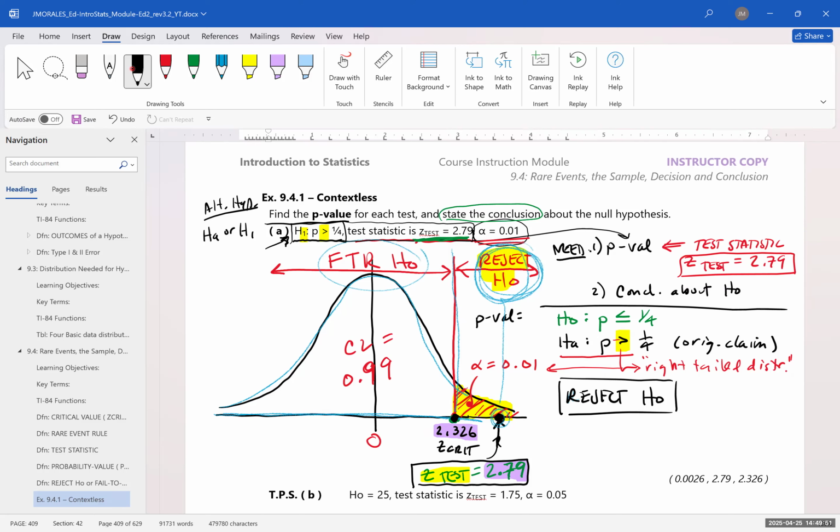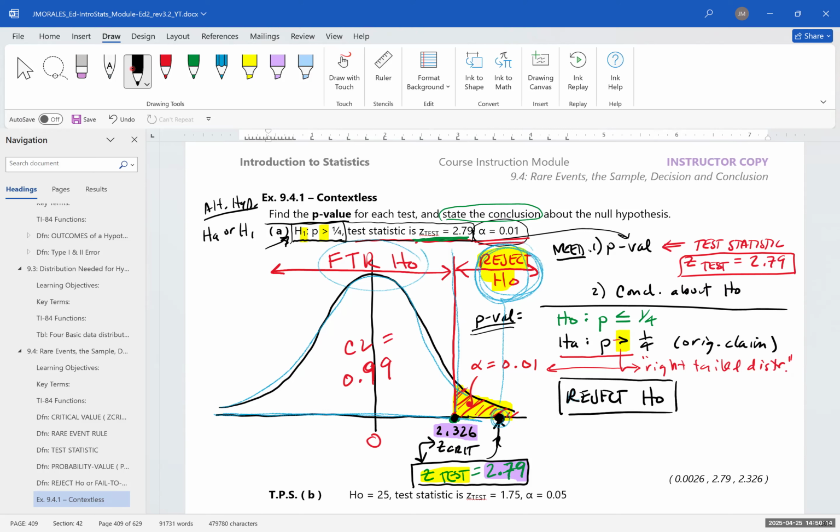All right. Now we can do that comparing apples to apples, right? Critical score to test statistic. But what if we want to do this comparing oranges to oranges, or area to area? Should probably make it apples and area, but anyway. So how do we get our p-value?